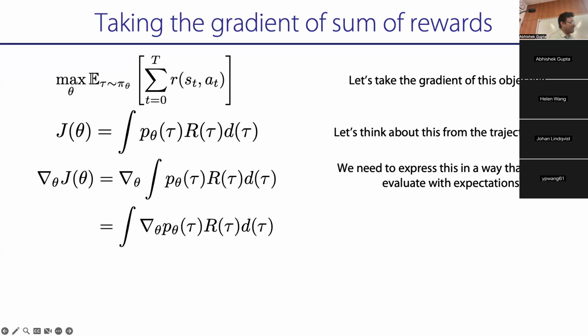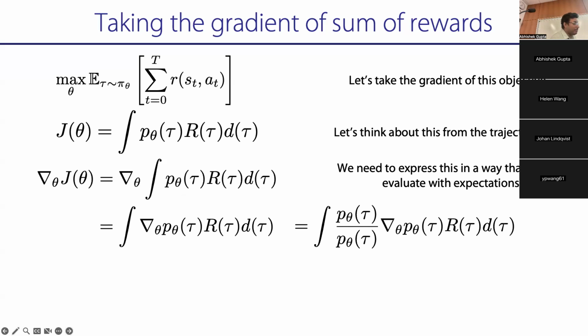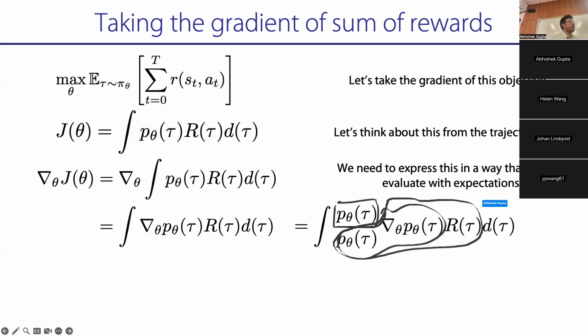What you get is the gradient moves inside. The gradient hits this. The problem with this is that it's not an expectation, right? It's an integral. Integrals are bad, expectations are good. So we want to reconvert this into an expectation. And so we did this trick of multiplying and dividing by p theta, right? And then we grouped these terms together. So you can think of this whole thing as your function, and it looks like an expectation again.